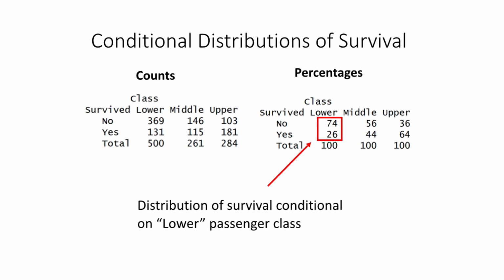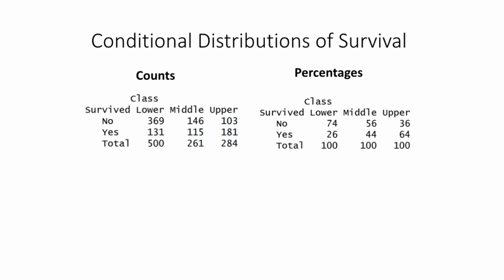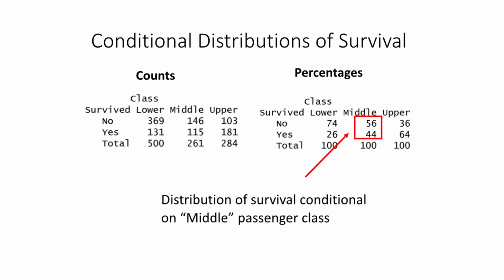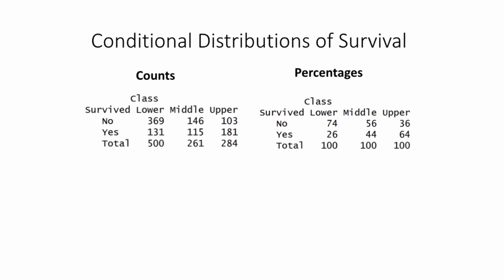We also have conditional distributions of survival. When we condition on a particular passenger class, we have this distribution of surviving, and then another conditional distribution of survival for each of the other classes. The whole point about these distributions is that it's another way to talk about a contingency table.